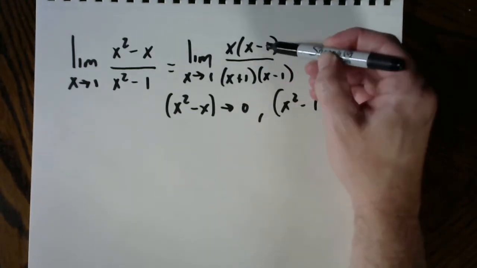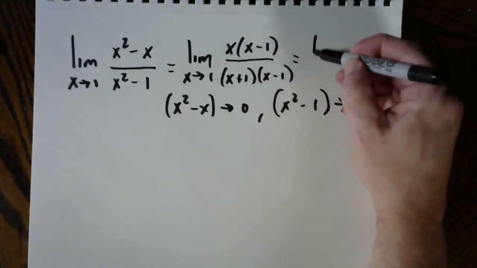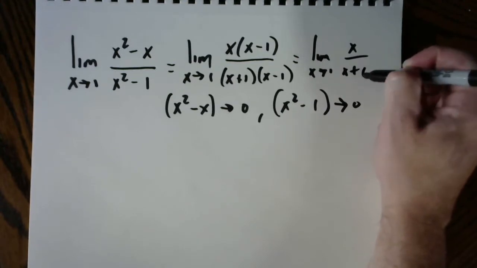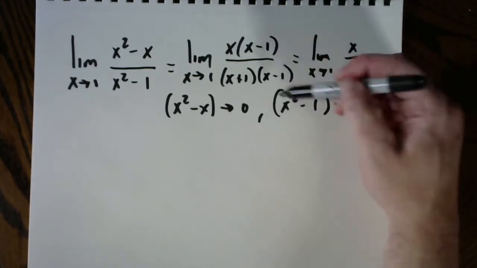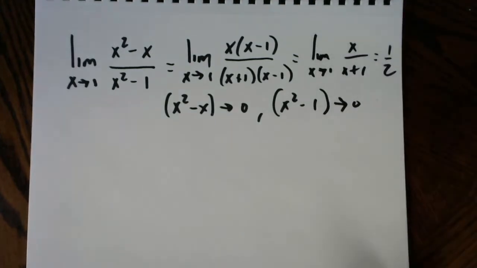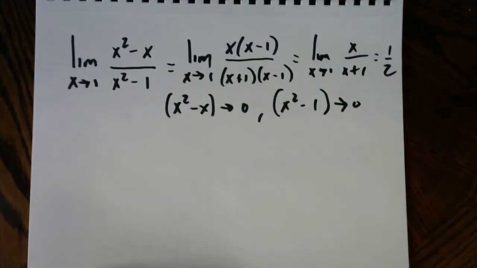This is 1 minus 1, this is the 0. This is the 0. They're canceled out. So I've gotten rid of the zeros. I pop the 1 in, I get a half.